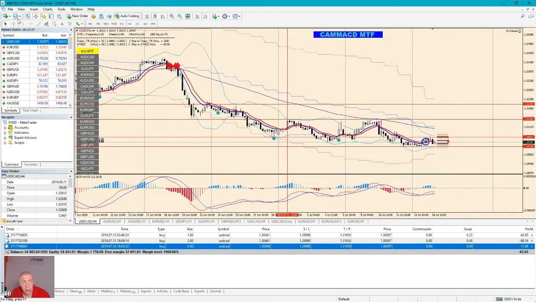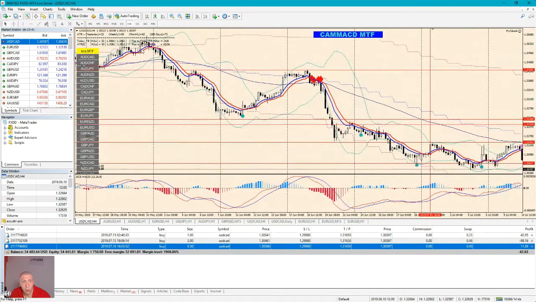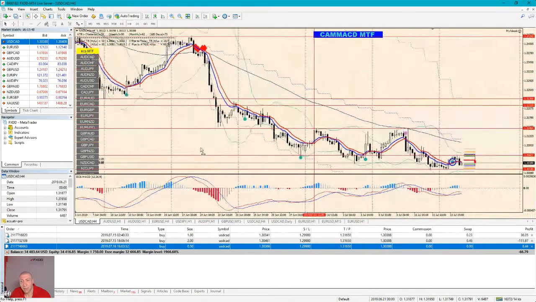Fifth quadrant, you see how price reacts at these levels. It always reacts at these levels. Sixth quadrant, you see similar and very, very close here. And seventh quadrant is here. This is it. Red levels are here.